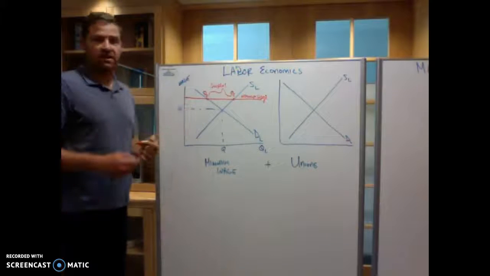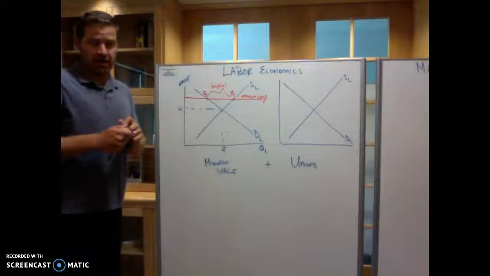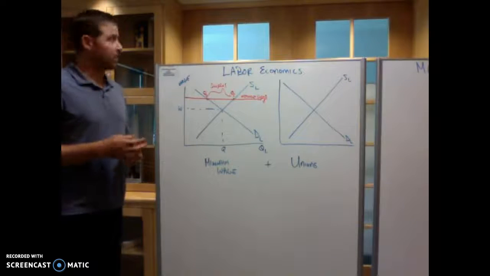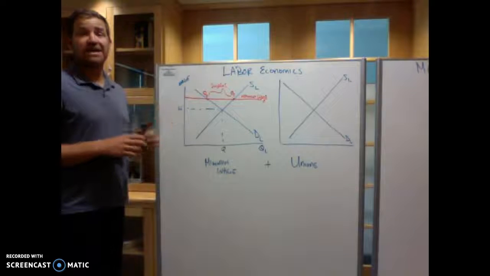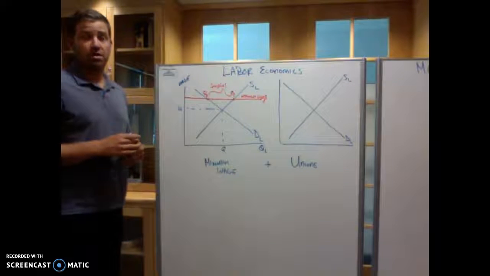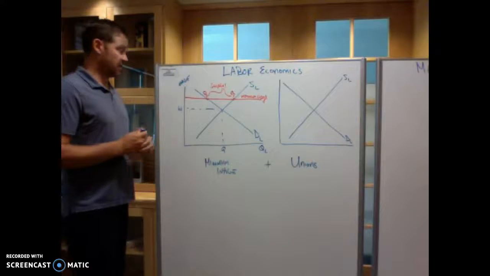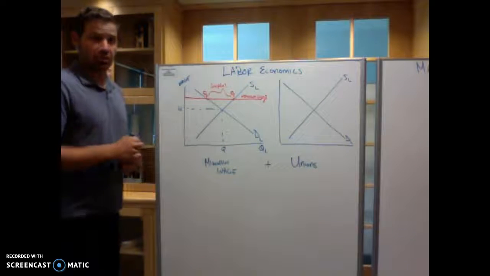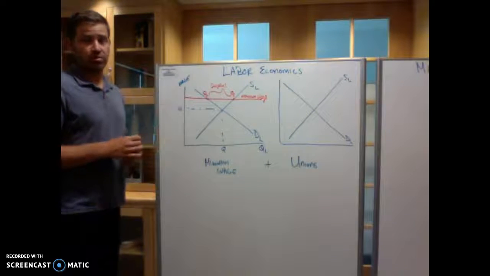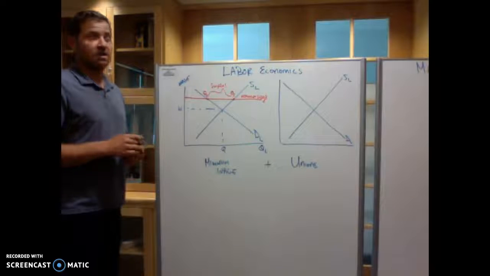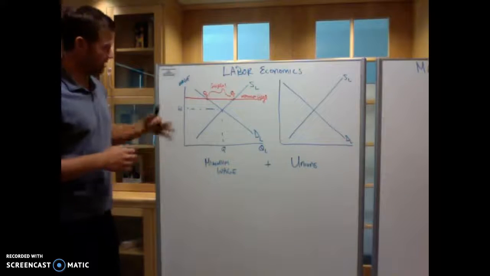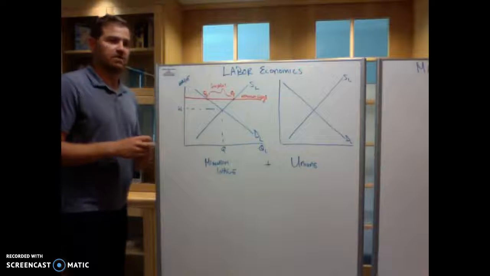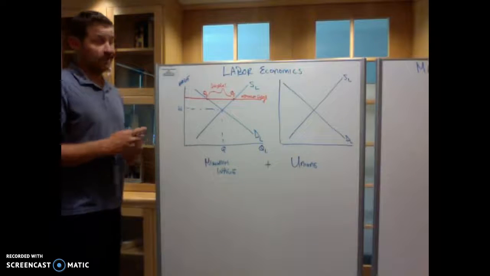And this is where you get the arguments from many business people and many economists about the minimum wage. They say that it should increase unemployment when you raise the minimum wage, because of this general model. Now, in this module you're going to explore some different studies and information showing that may not be the case in every situation, but the model says that you should expect some increase in unemployment.